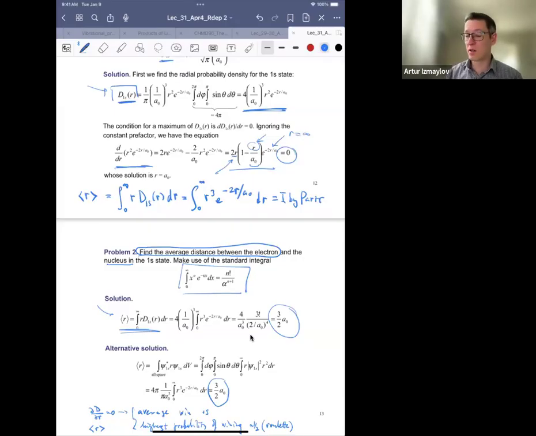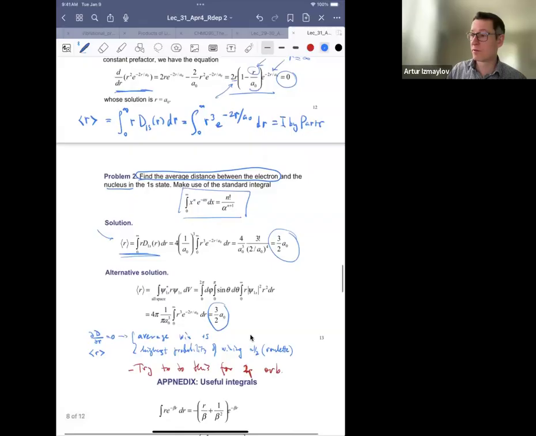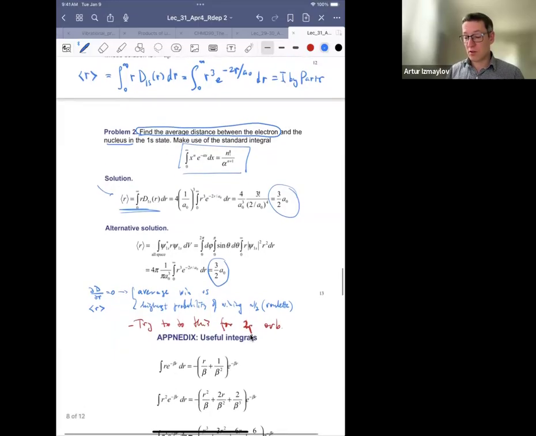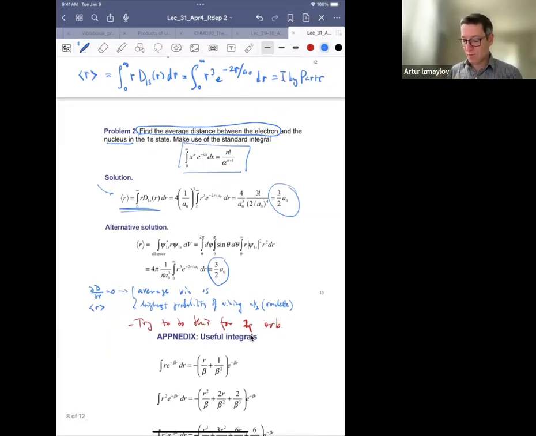If in an exam you are not sure, you could double check, but make sure you are calculating the right formula, because the derivative of the D gives the highest probability of finding, and the expected value of r is, well, the expected value of r. It's different. All right.